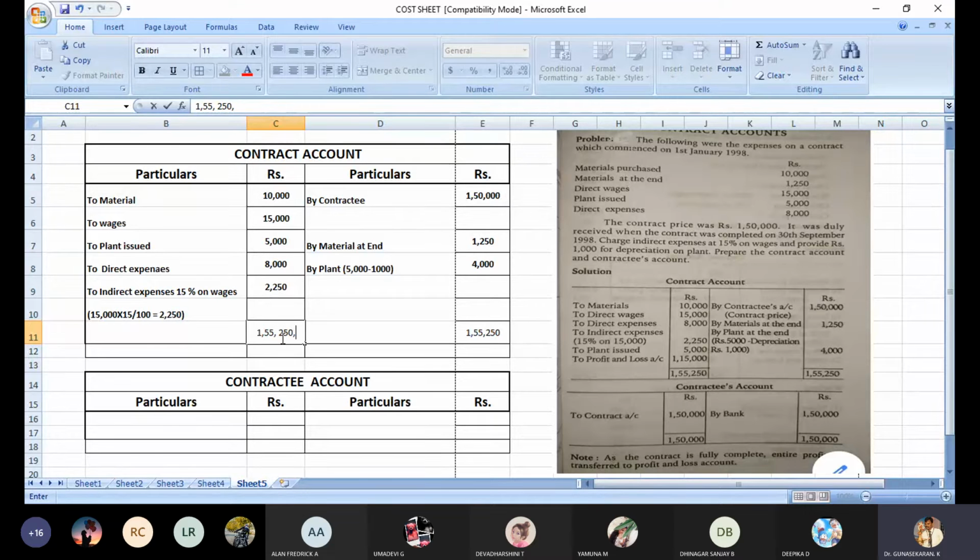So 1,55,250 minus these expenditures: 10,000, 15,000, 5,000, 8,000, 2,250. So how much is the difference?